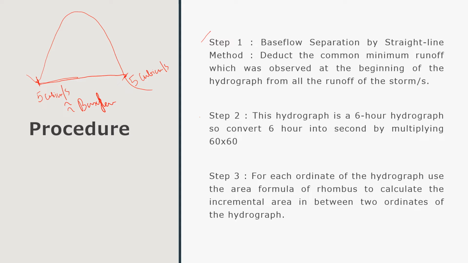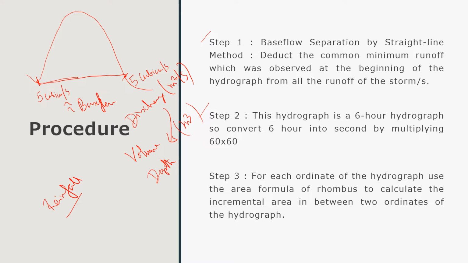Now the second step is that you have to convert the runoff either into volume or into depth. As rainfall is in depth and most of the calculation will be based on rainfall, first we will convert the DRH from discharge in meter cube per second to volume, that is meter cube.